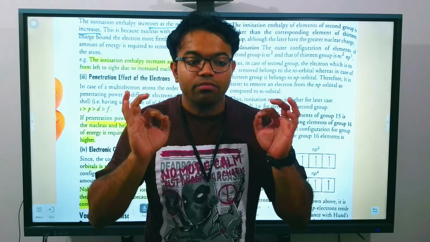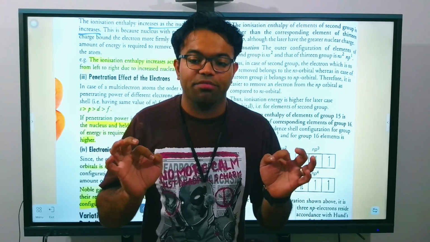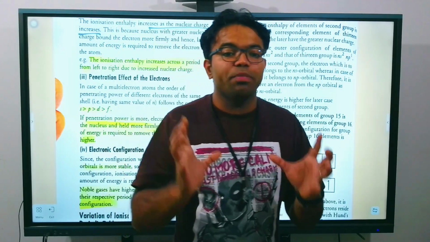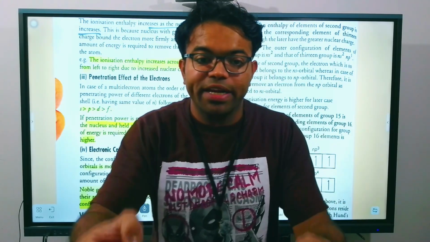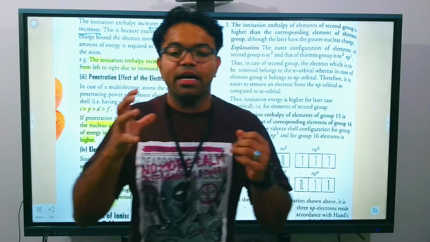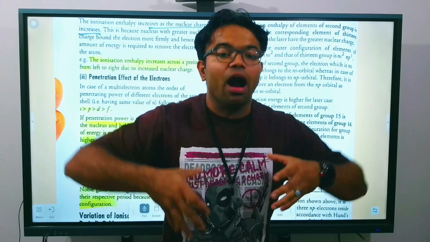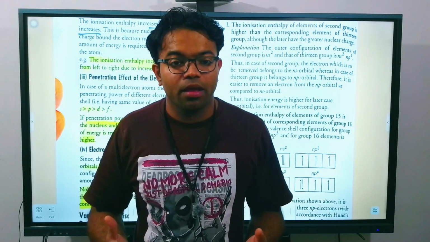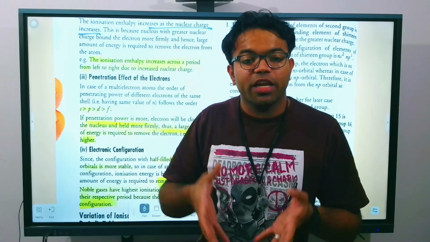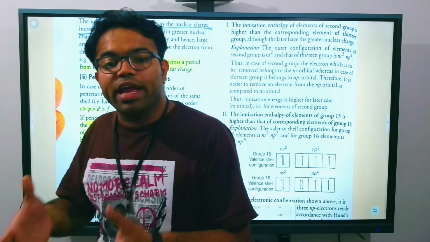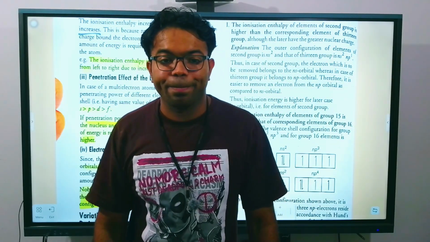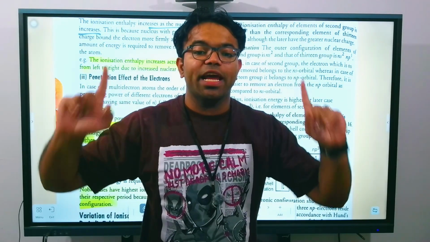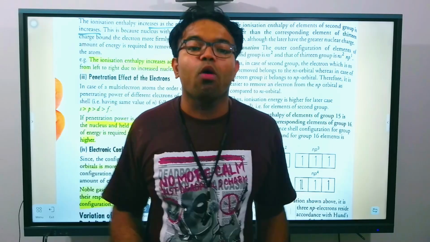Clear? Now think about what I'm saying. If the distance between the electron and the nucleus decreases, what happens? The electron's potential energy is becoming more and more negative as we go from left all the way to the right. Now if the potential energy becomes more negative, what happens?